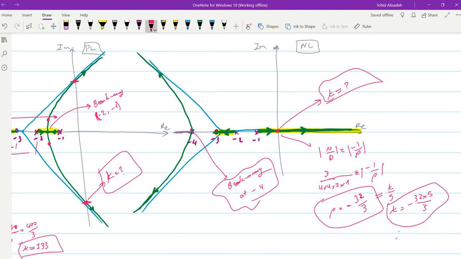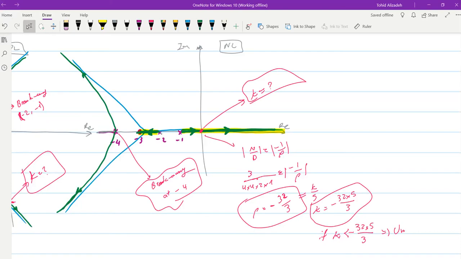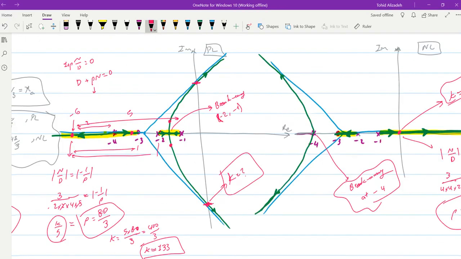We know that if K becomes smaller than this value, minus 32 times 5 over 3, then the system will be unstable. If K is between this value, minus 32 times 5 over 3, and 0, the system will be stable. Now we need to find out the value for the K at this point.